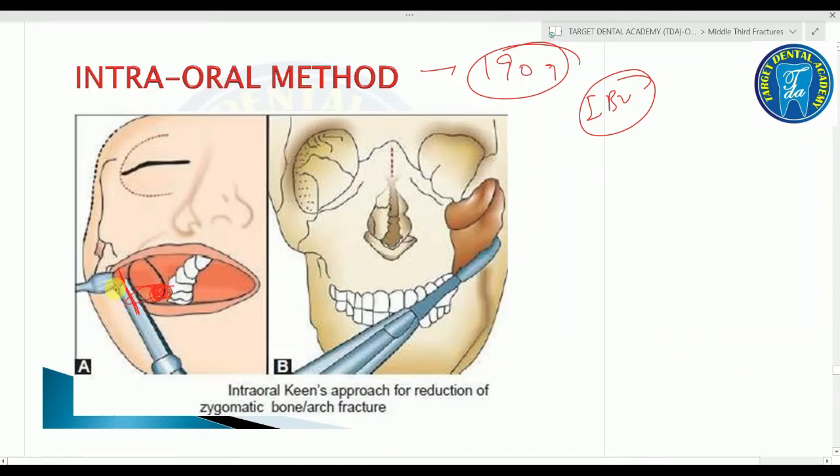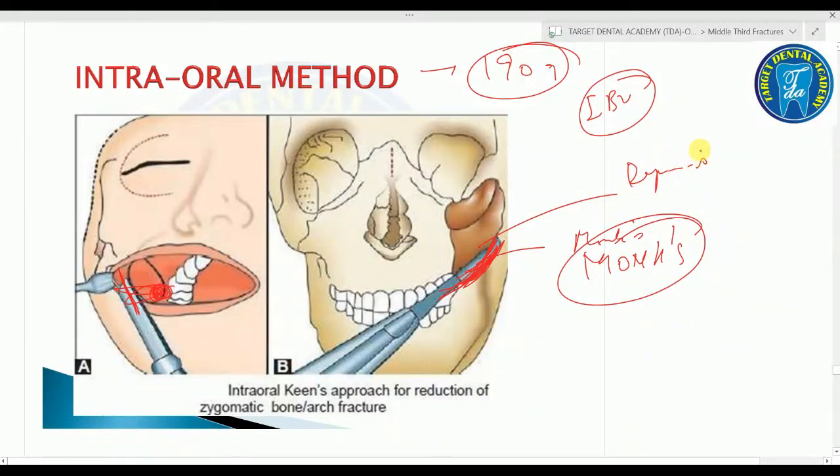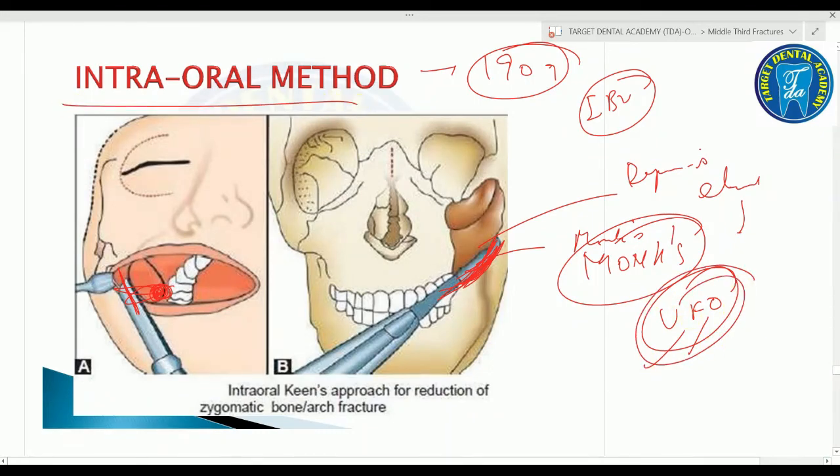A pointed curved elevator, the Monk's Patron elevator, is passed supraperiosteally up beneath the zygomatic bone. The depressed bone is then elevated with UFO, in the upward, forward and outward movement. So this is the intraoral method for the reduction of the zygomatic bone or arch fracture.